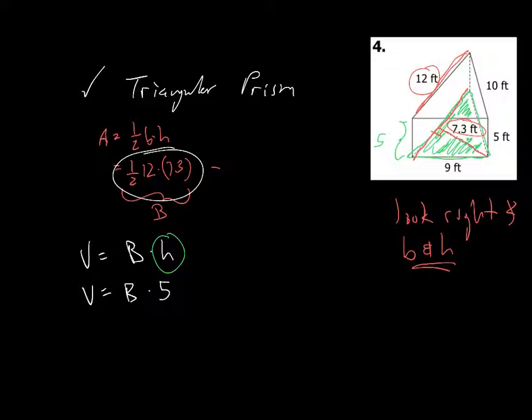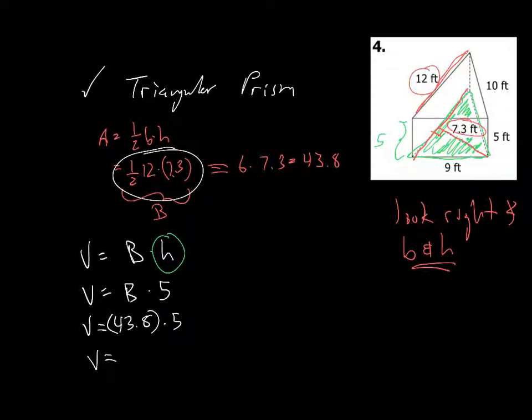Now I just want to finish calculating what this is. Now the way I use this formula is I'll say 1/2 of 12 is 6 times 7.3, and 6 times 7.3 on my calculator gives me 43.8. So volume of the triangular prism is going to be 43.8 times 5.